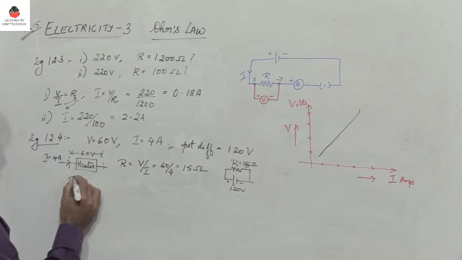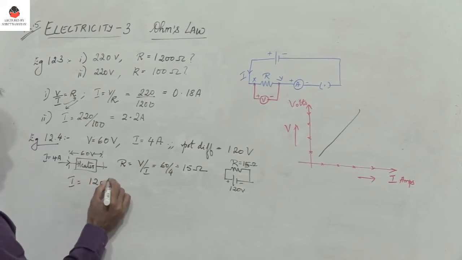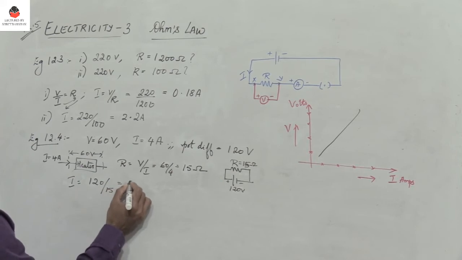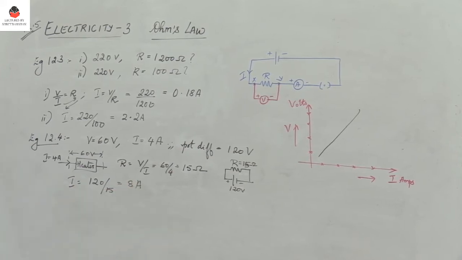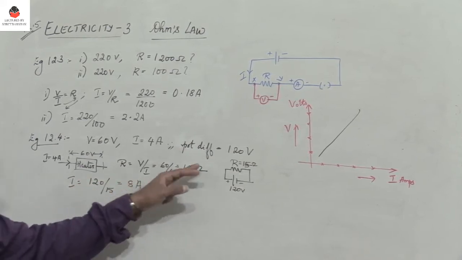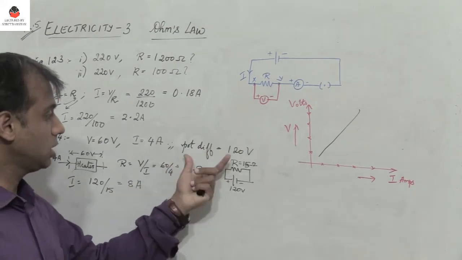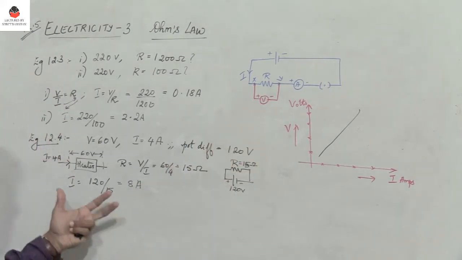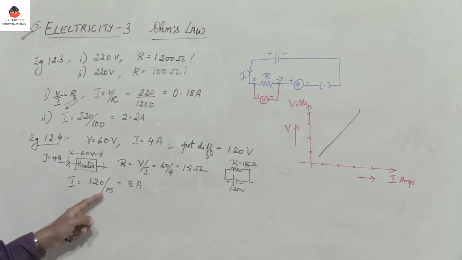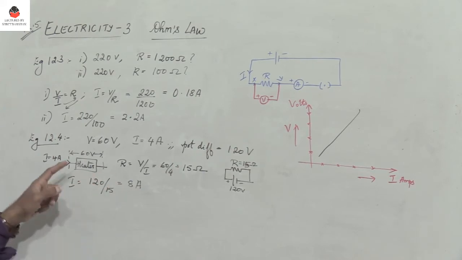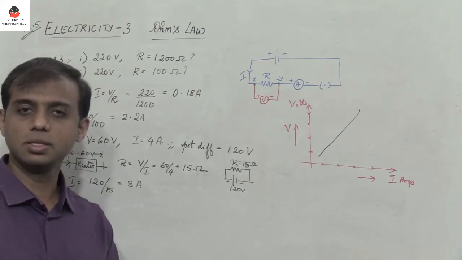Then current I equals 120 by 15, which is equal to 8 amperes. Right? Here in the second part it's been mentioned that if the potential difference is 120, find the current. So it is 120 by 15, which is 8, because the resistance of the heater does not change.